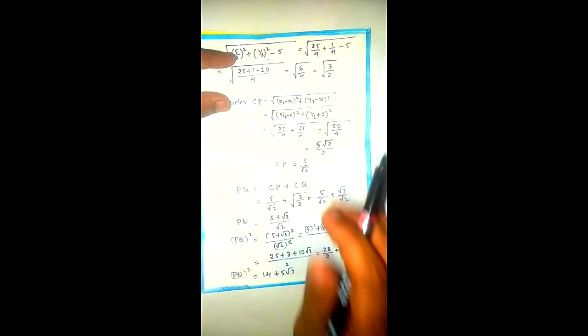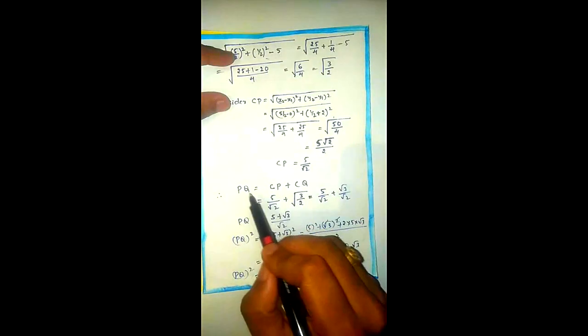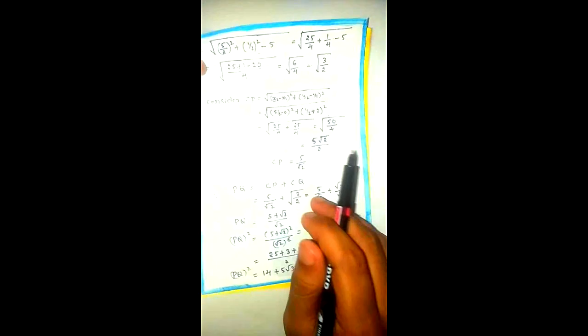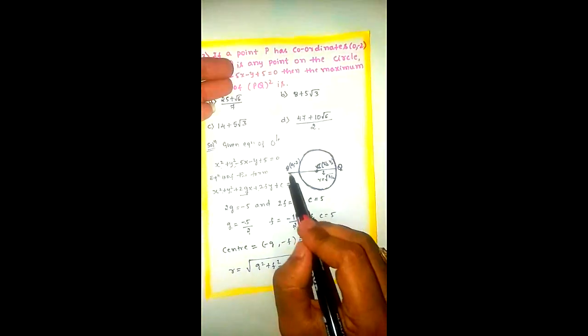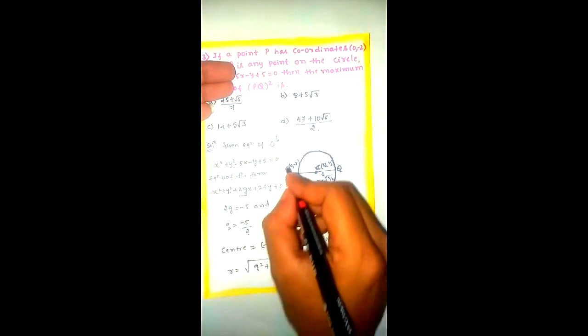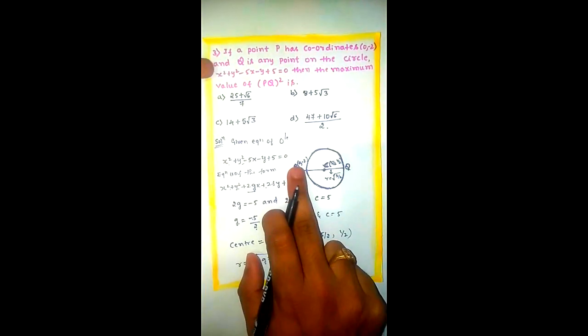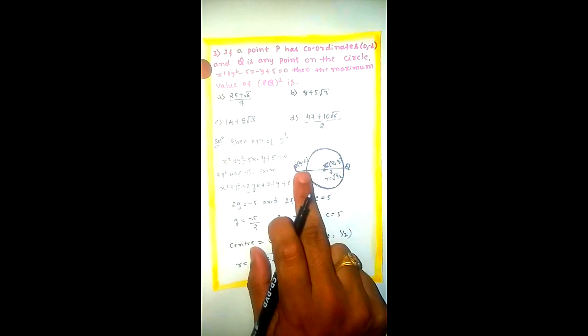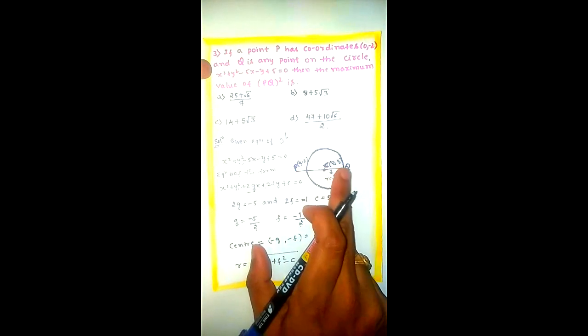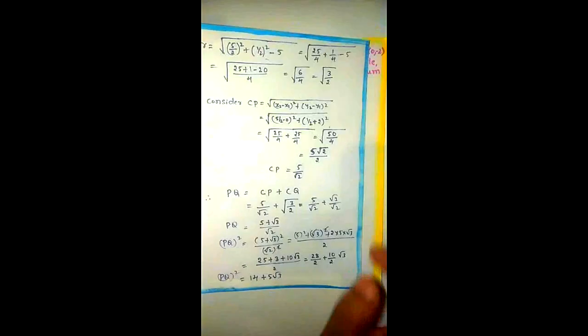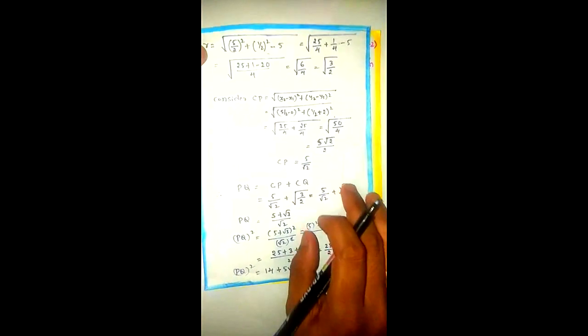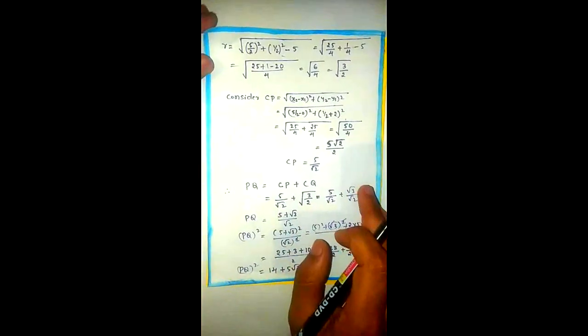But we want to find PQ whole square. Before that we should find the PQ value. Observe the diagram. PQ is nothing but CP plus QC. Therefore PQ is equal to CP plus CQ.